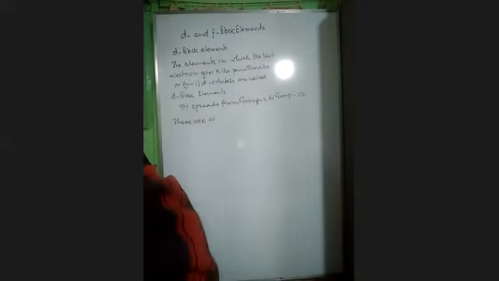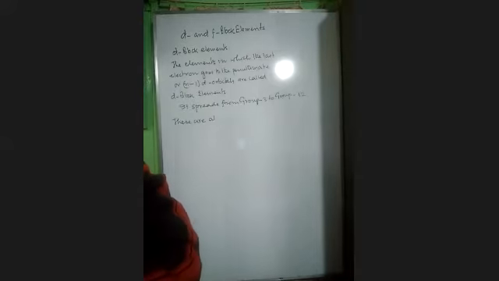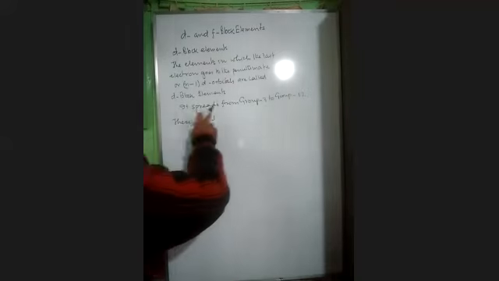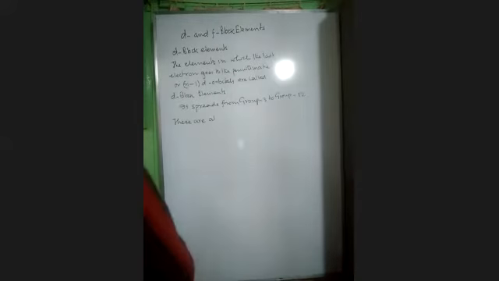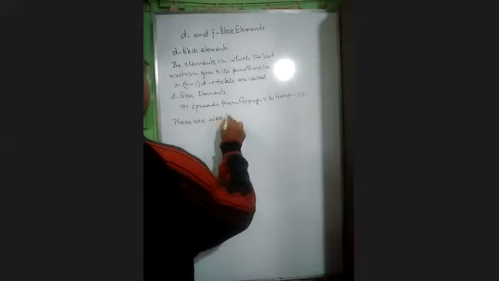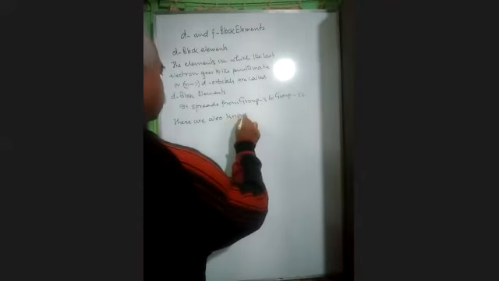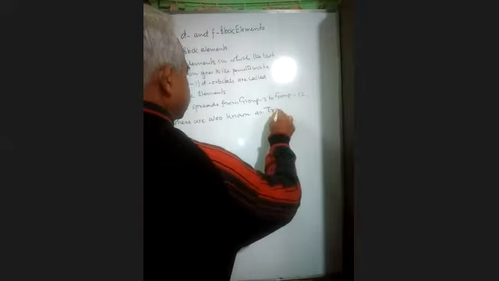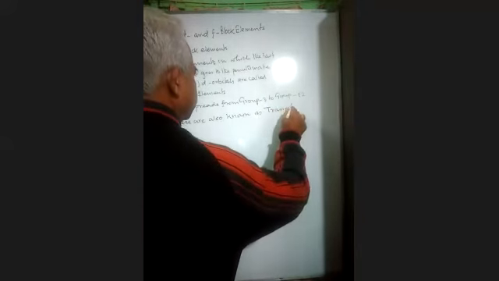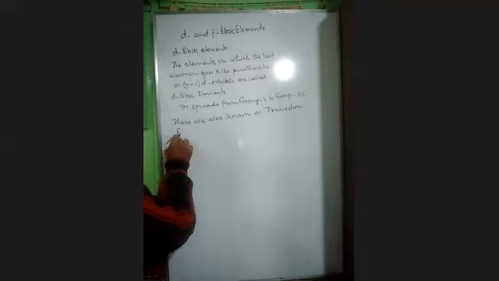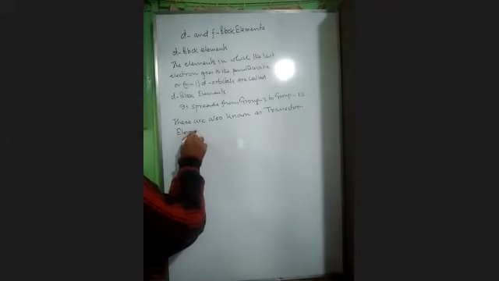Penultimate means last but 1. Penultimate or n minus 1 d orbitals are called d block elements. It spreads from group 3 to group 12. These are also known as transition elements.